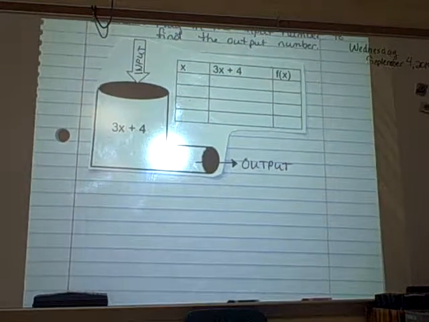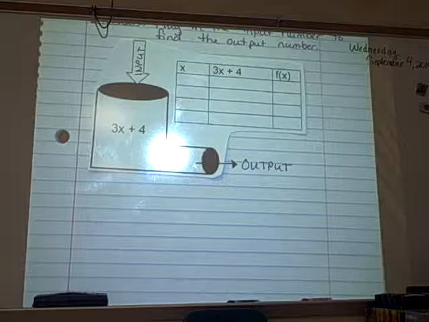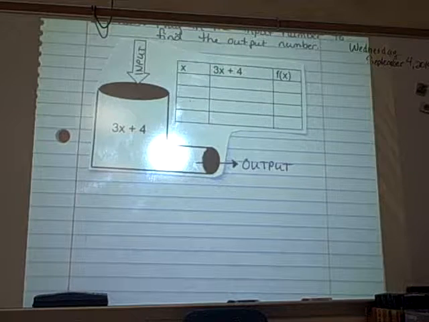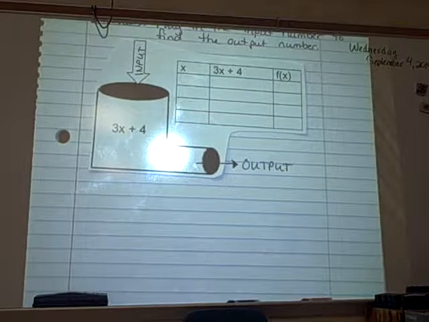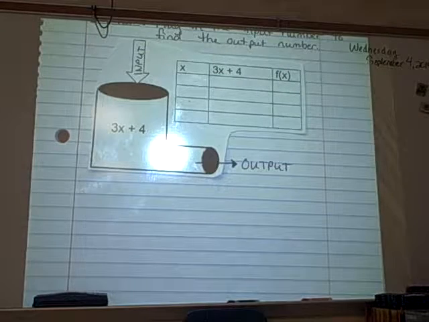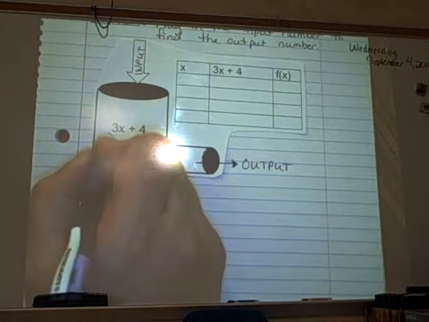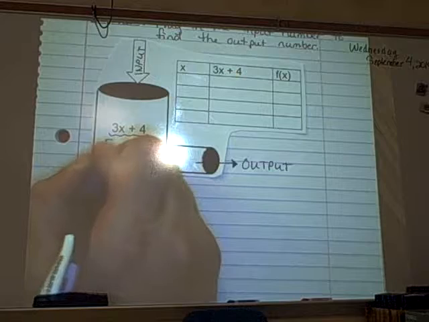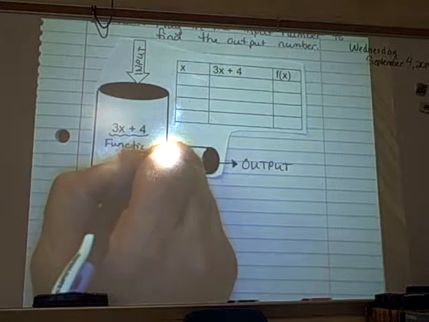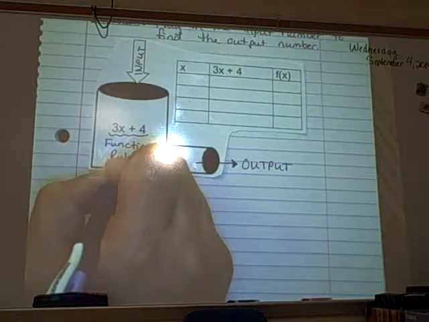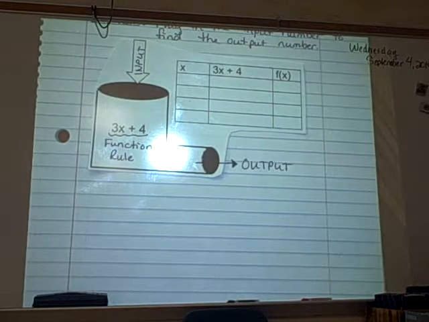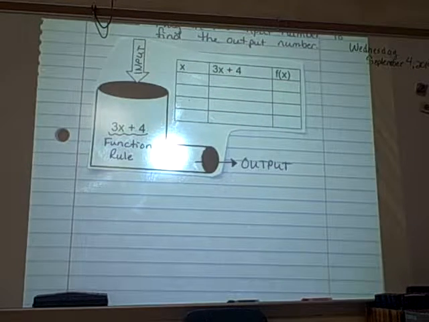I know it looks like a sock that somebody cut the toe off of or something, but it's supposed to be a function machine. You put the input number in, you figure out the output number. This right here is your function rule. That's the rule we're going to use to figure out our output numbers.